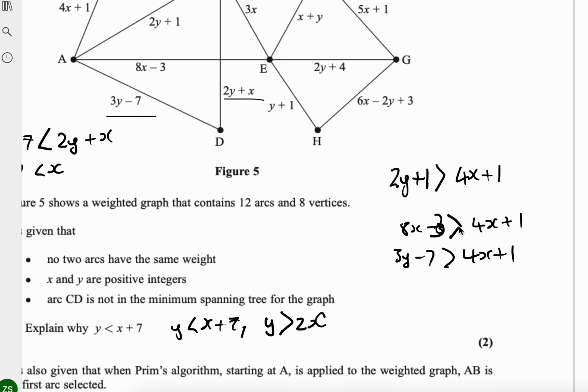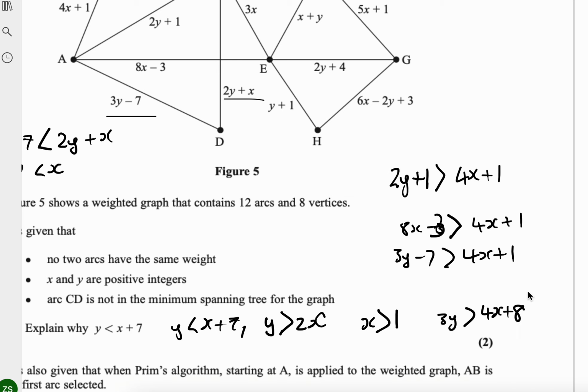If we simplify these, we get 4x is greater than 4, or x is greater than 1. And therefore, we get 3y is greater than 4x plus 8.